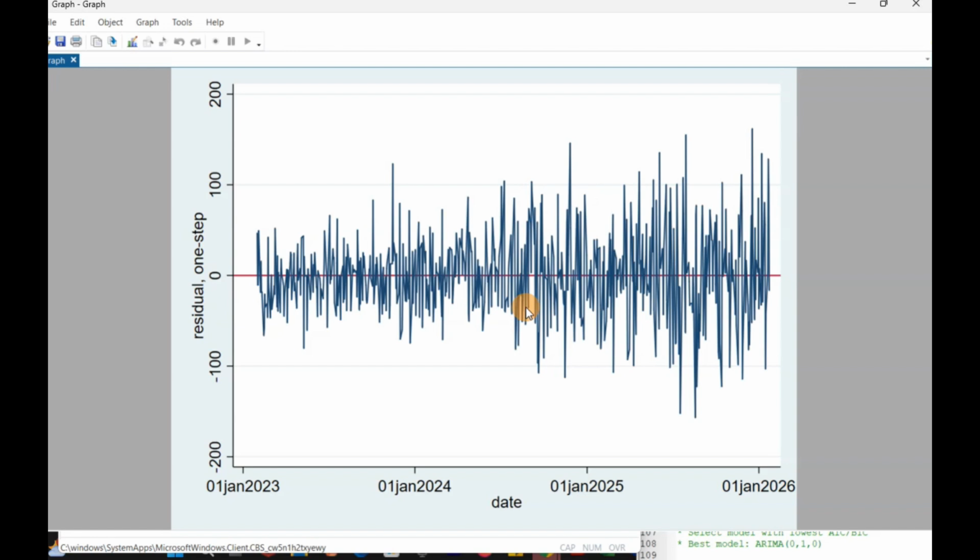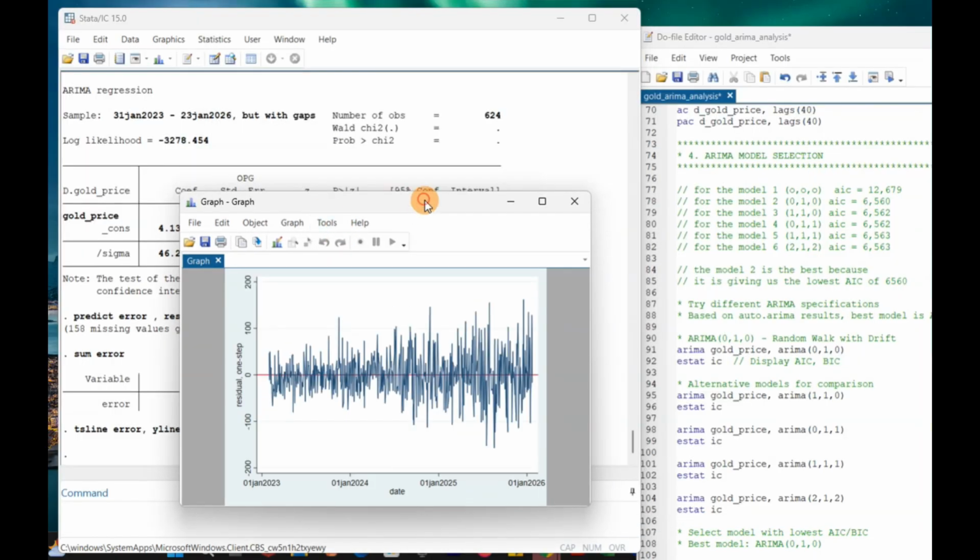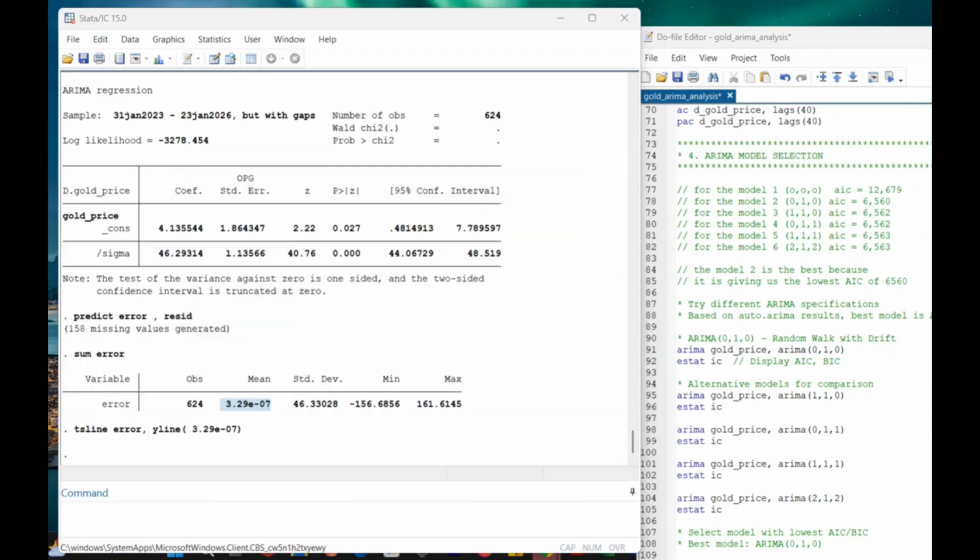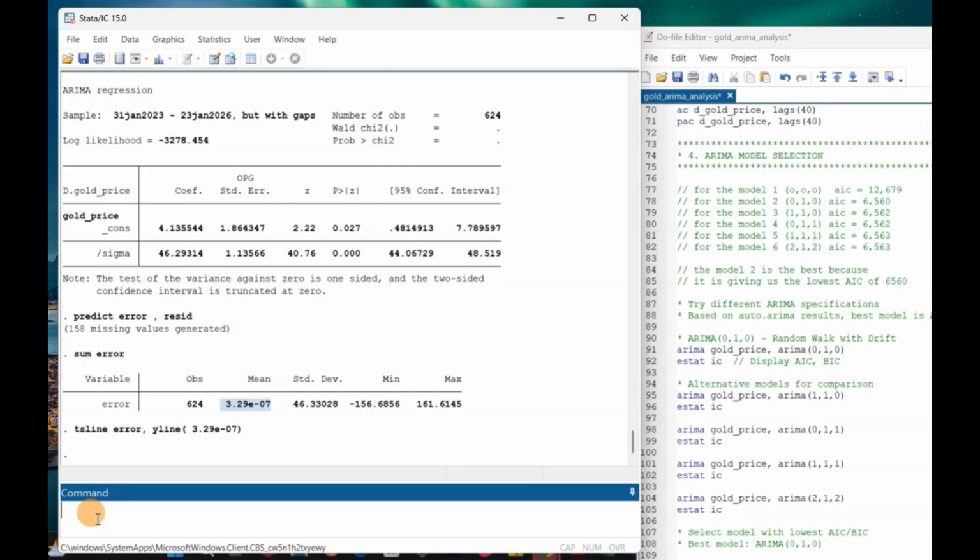So the mean should follow the white noise property. The expected value of xt is equal to the mean parameter, the variance of our xt is equal to sigma, and the covariance of our error term versus its lag, minus 1, is 0.